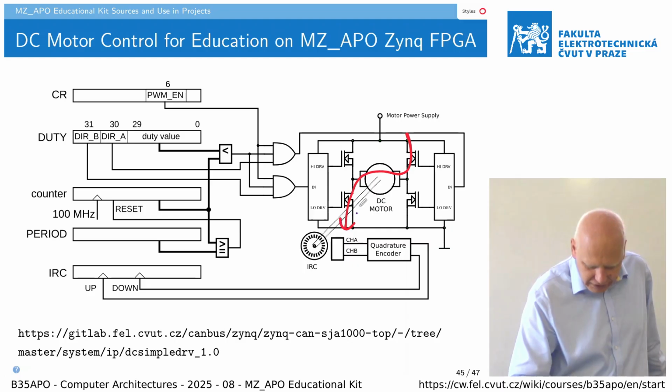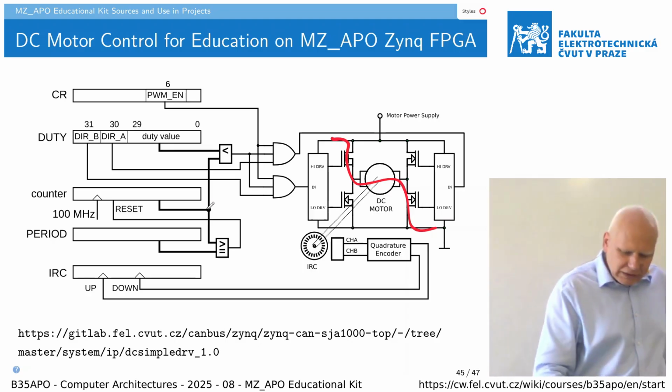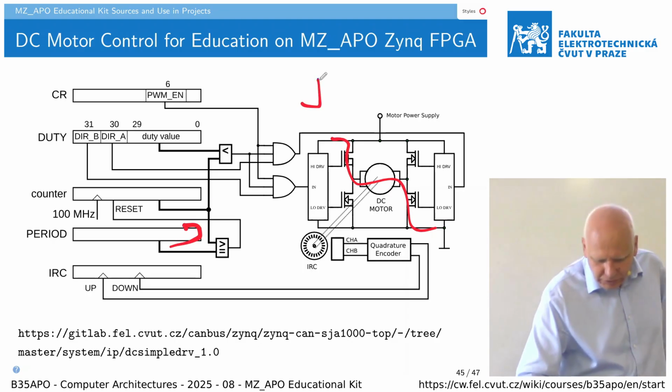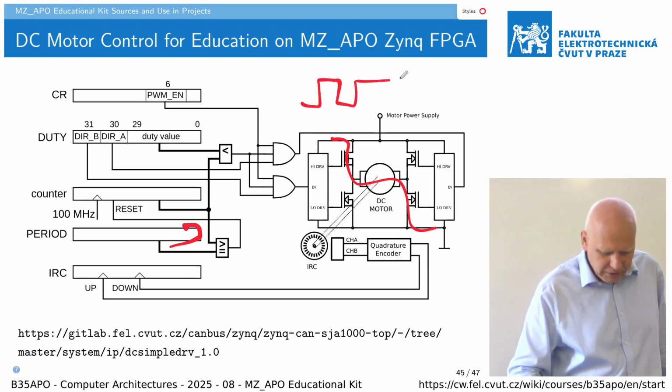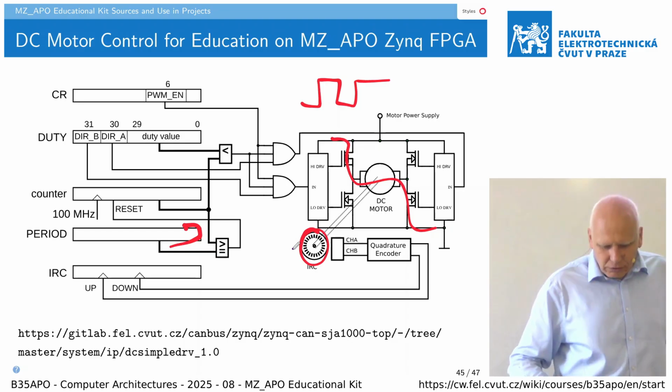So this way it is one direction, this way you get another direction, and you can select here a period of the pulse width modulation. So basically all parameters, and there is a quadrature encoder.